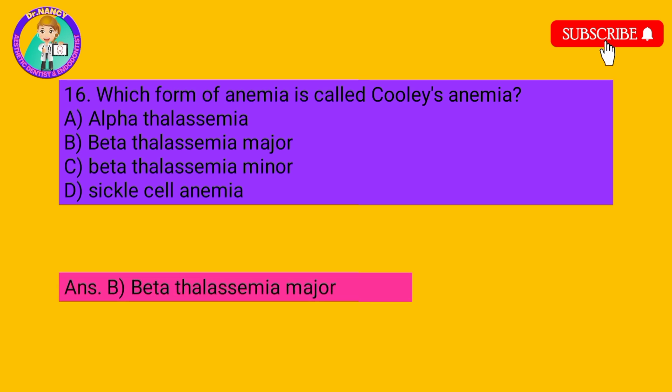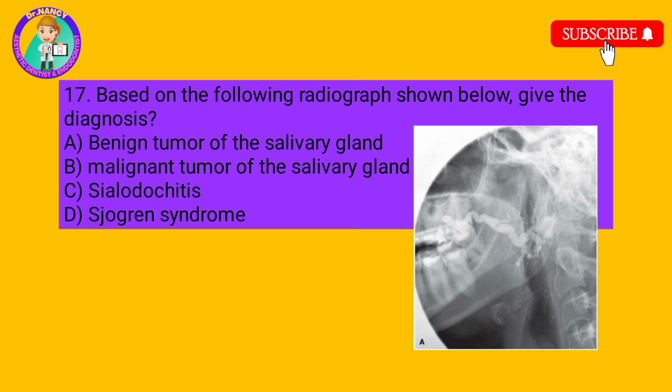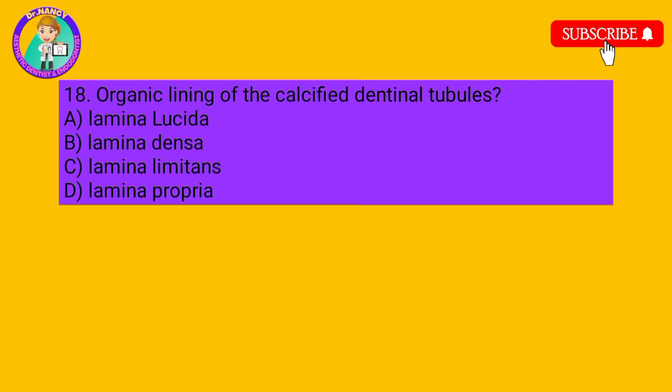Answer: beta thalassemia major. Based on the following radiograph shown below, give the diagnosis. Benign tumor of the salivary gland, malignant tumor of the salivary gland, sialodochitis, Sjogren syndrome. Answer: sialodochitis. Organic lining of the calcified dentinal tubules is called lamina lucida, lamina densa, lamina limitans, lamina propria.